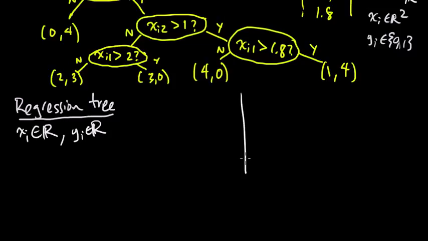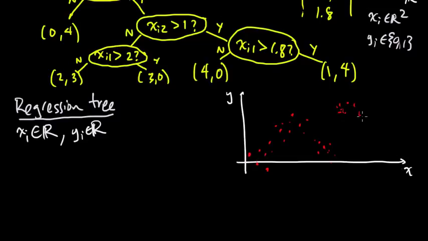So let's say our data looks something like this. Just to be clear, this is the x-axis and this is the y-axis. Maybe we get a point here, and then it goes up, and then we get some other stuff here, and some stuff here.